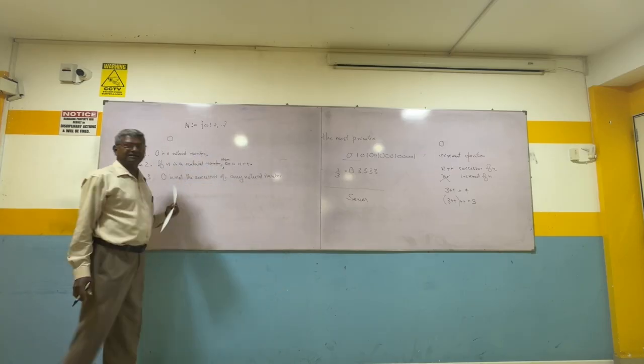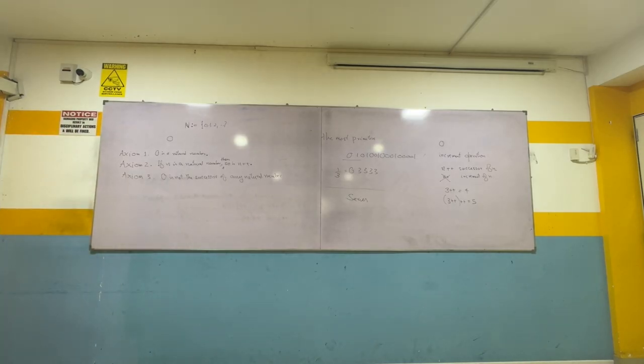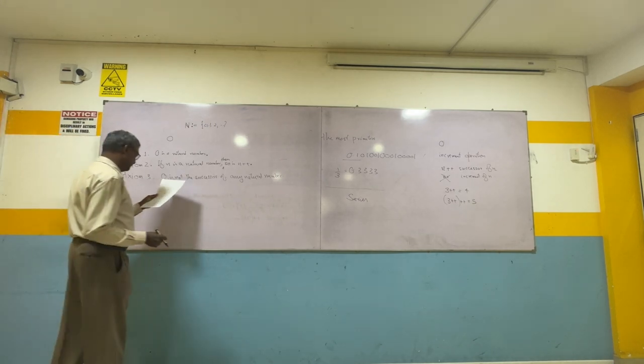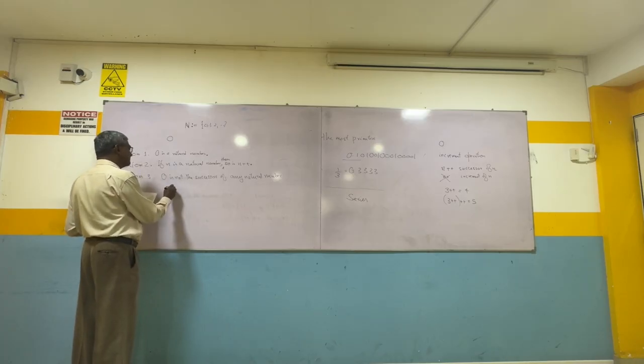Very important one. Why do I say it's very important? It's in the book. I did not write all that because I wanted to continue. 0 is not the successor of any natural number. What does it mean?